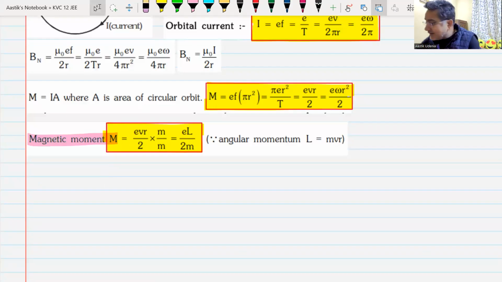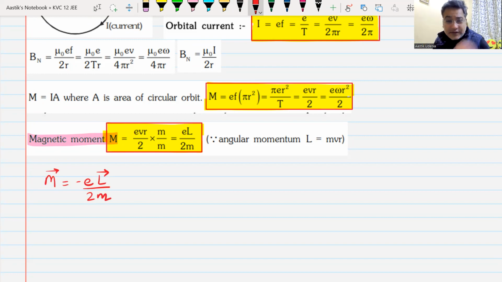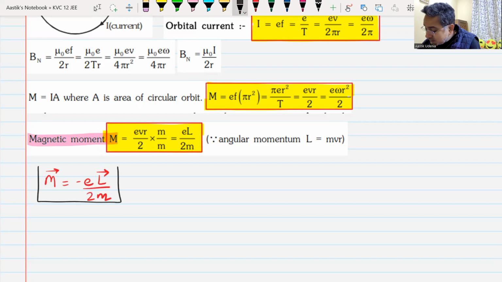If I want to write it vectorially, the magnetic moment of this electron in vector form will be minus E into L by 2M. This becomes a very, very important result, not only for this moving electron, but for any body which is rotating and having a charge.